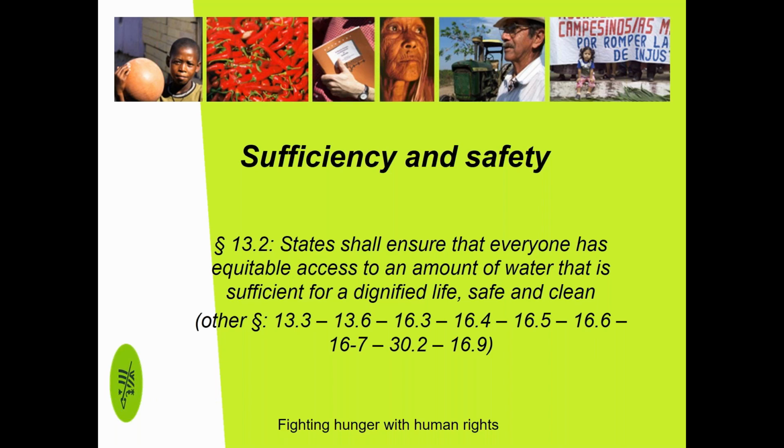So when you are making your human rights analysis, and something happens somewhere and you want to raise your voice in terms of monitoring and advocacy, these paragraphs can help you shape up your opinion and your position.